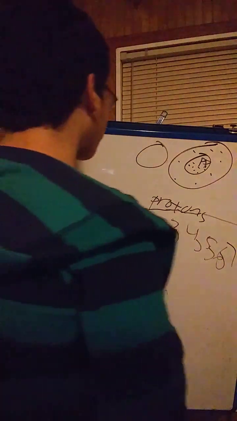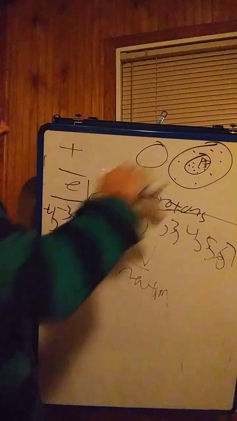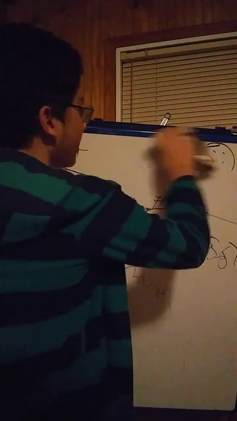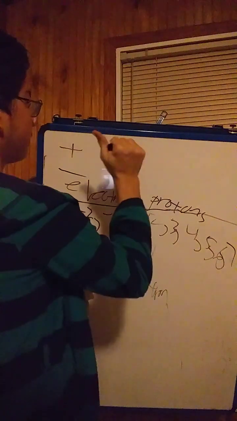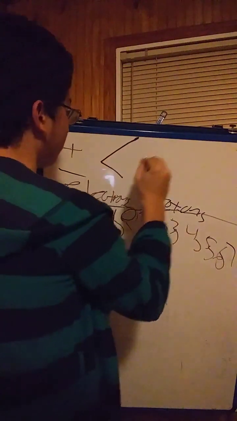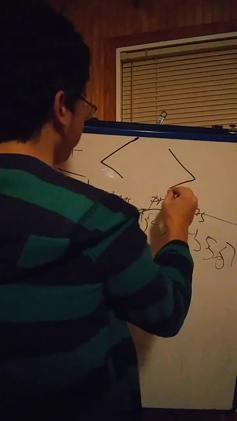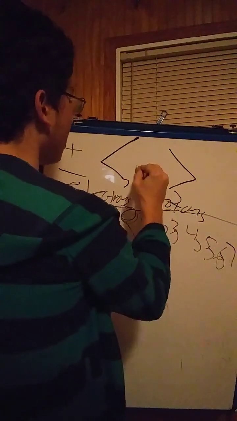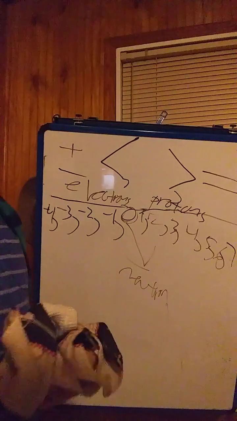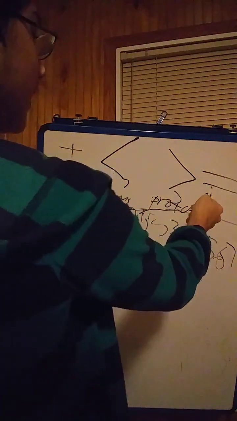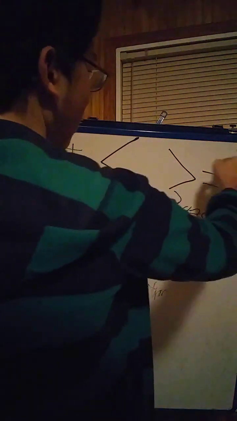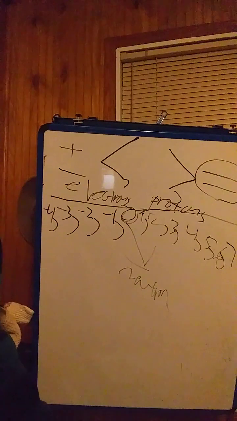Now, I'm sure that you have all seen this kind of thing. You have this, you have that, and then you have this, which, as we know, is an equal sign.